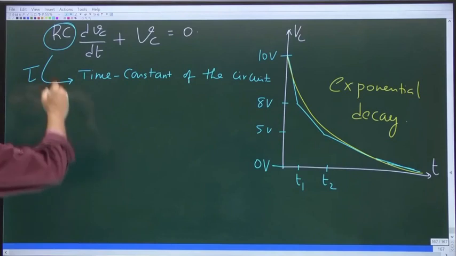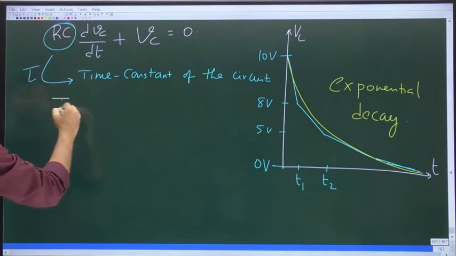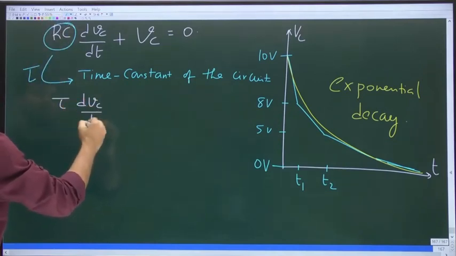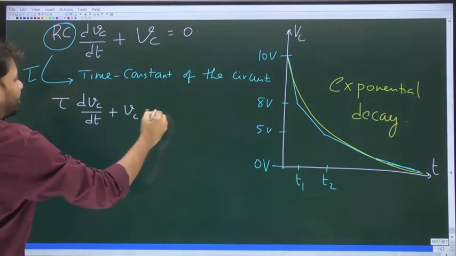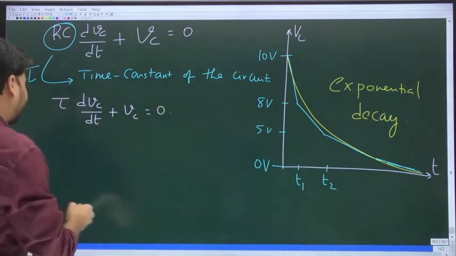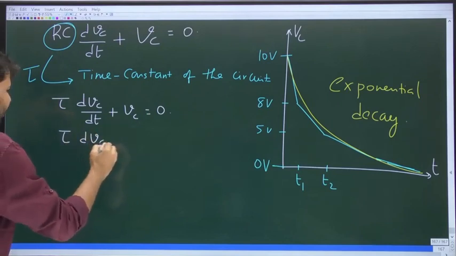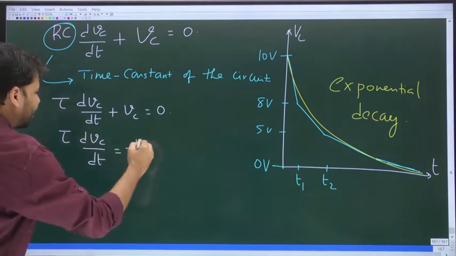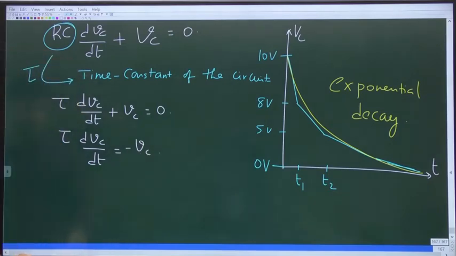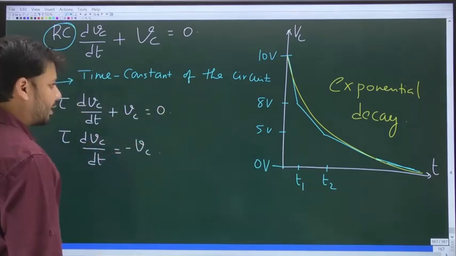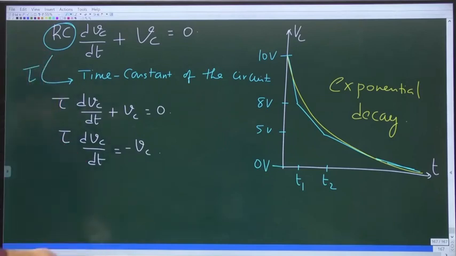Anyway, RC is the time constant, which means this differential equation can be written as tau times dVc by dt plus Vc equal to 0. And then this can be written as tau times dVc by dt equal to minus Vc. Correct, right? Vc, I sent it across to the other side, it became minus Vc.